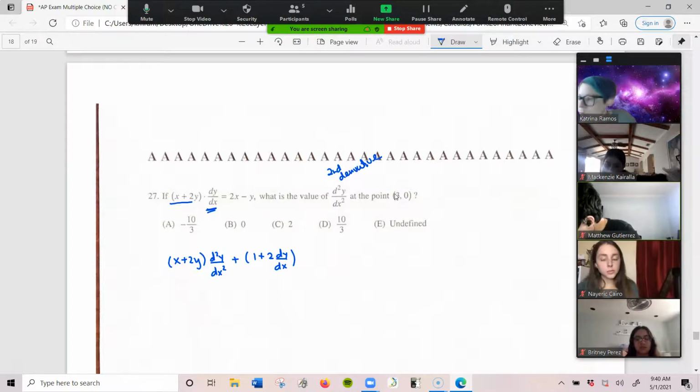Leave the second alone. So it'll be dy dx. And that's going to equal 2 minus dy dx. Does this derivative make sense? Okay.